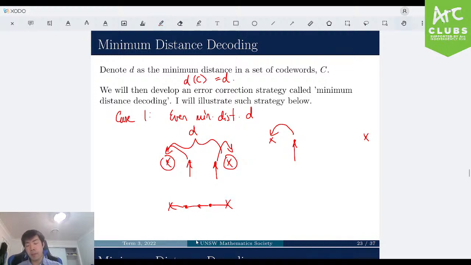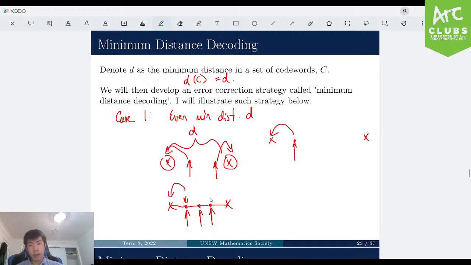Then what would I be happy to correct up to? The message that we receive that's corrupted could land either here, here, or here. We would be happy to correct it if it landed here, because then we would assume that it was meant to be this.